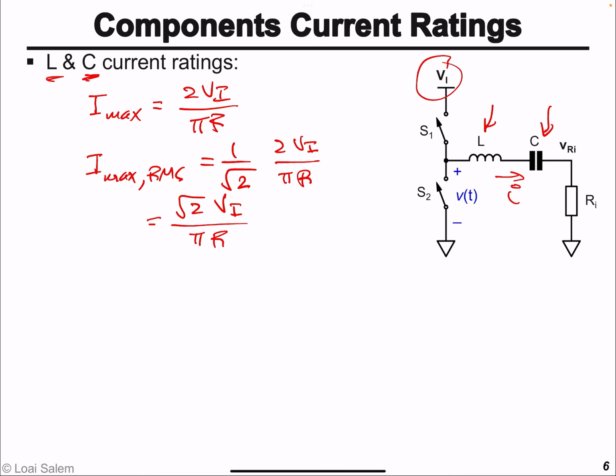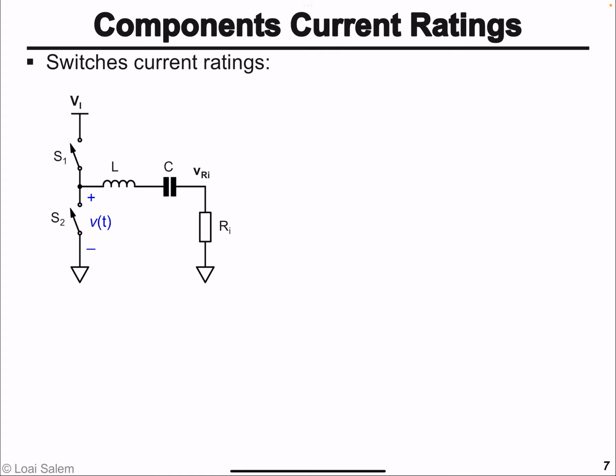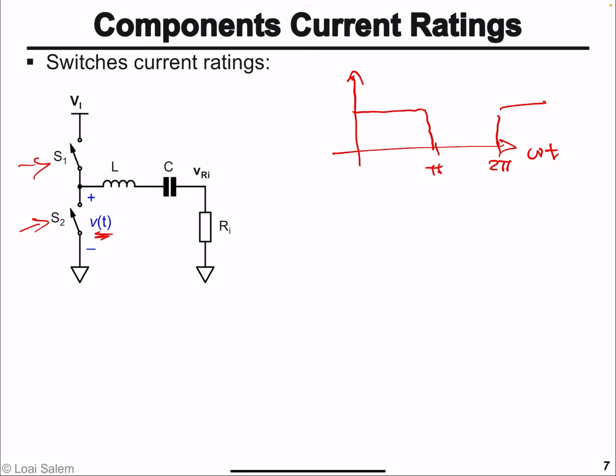Now, the switches don't carry sinusoidal current. It only sees half the function, half the current. So if this is the voltage, this voltage, it's a square voltage that repeats.